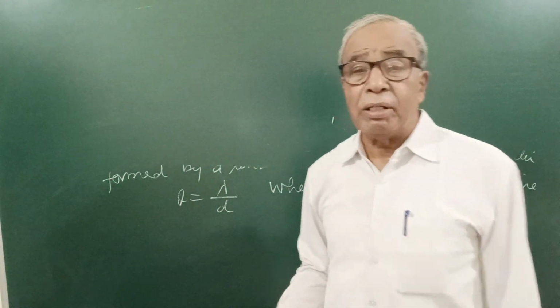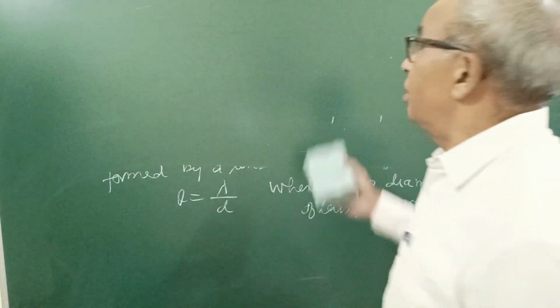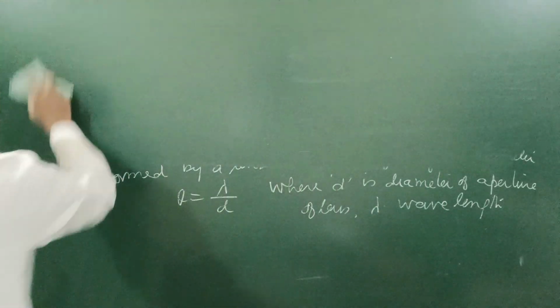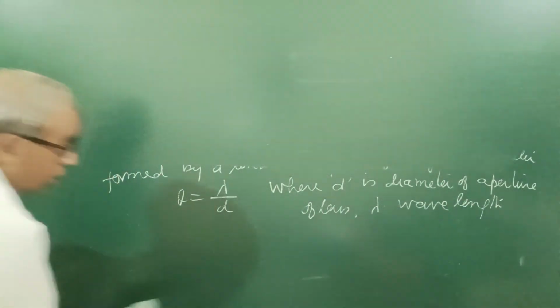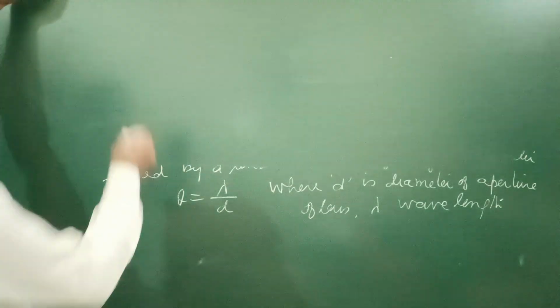Precisely, the meaning of diffraction is explained in another way also, and we are not aware of those facts. So I am telling it in a very brief way, with an average definition.